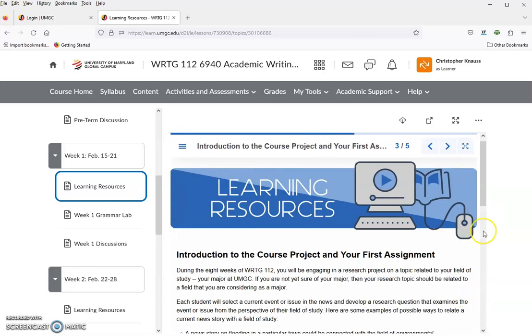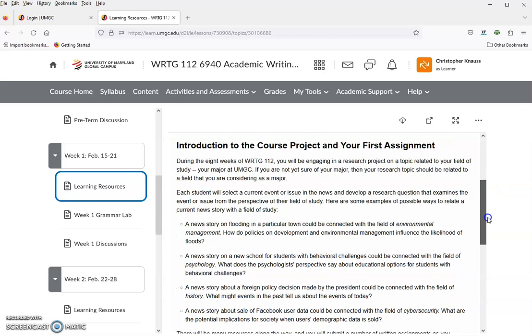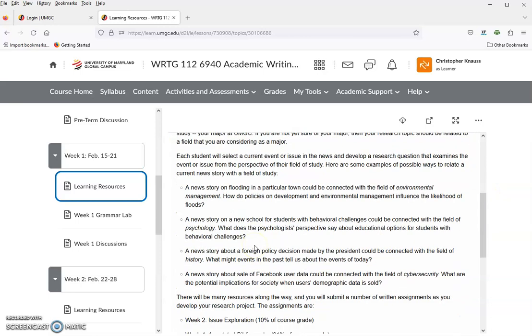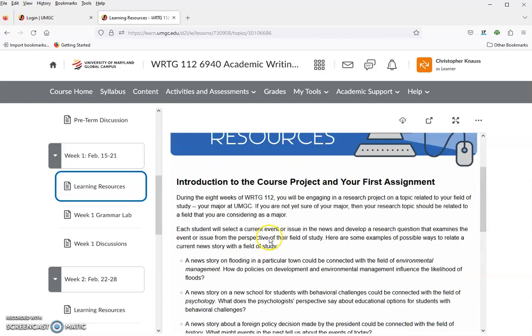So some of this material talks about choosing a topic, and the most important thing for that, in my opinion, is just pick a topic that's interesting to you, that you want to study and do research on and learn about. And according to this, it should be a topic related to your field of study, your major at UMGC.